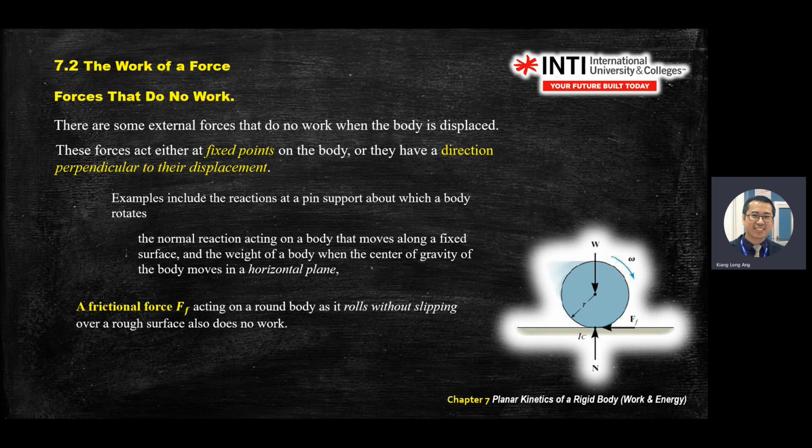But if you have a box on a flat surface, with a flat contact surface, then this friction force does do work. But if you have one circular wheel, like a bicycle wheel, there is only one contact point, then this friction force does not do work.